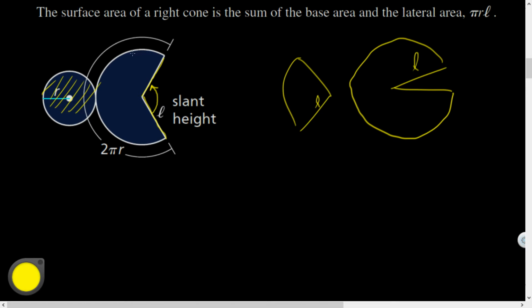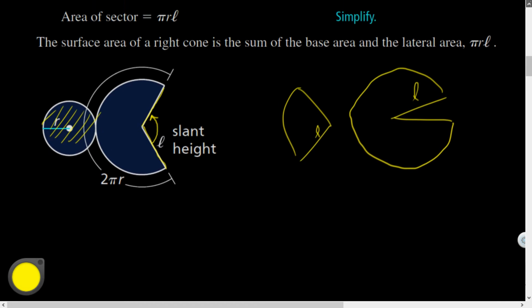And the distance around, I want this arc to be exactly the same as the circumference of that circle. So that's why this arc is 2 pi r. The distance around that arc is 2 pi r. This bigger circle, or arc actually, since it's not a full circle, needs to fit exactly around the base circle.